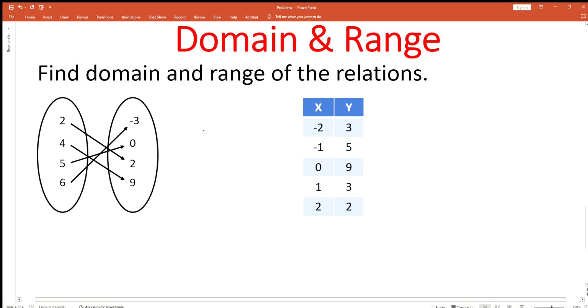Let's analyze the diagram. We use the arrow lines between the numbers to find out which numbers represent the independent variable and which numbers represent the dependent variable. As you can see in these arrow lines, the lines start from numbers on the left side and the arrows are on the right side. That means independent variable values are in the oval on the left side.